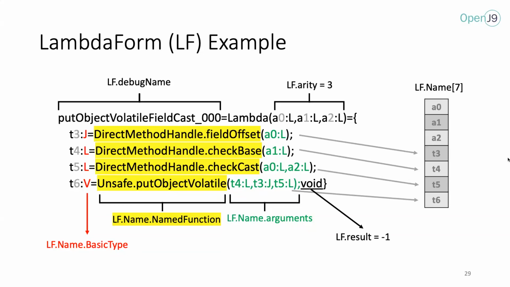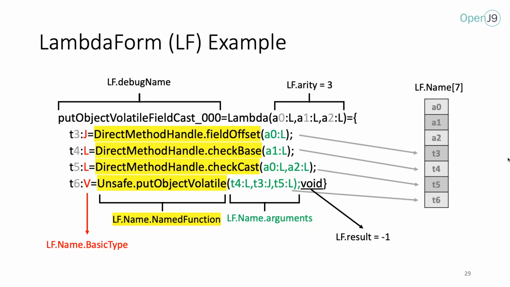They are names, and they have a type, and they have a name function which will define what operation we need to execute for that expression. The name will also have arguments which will be given to the function for invocation. And then the lambda form also has a result field which describes whether this lambda form will return a value or not. So this is the general structure of the lambda form.